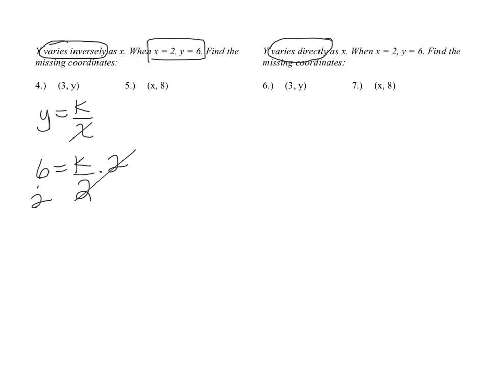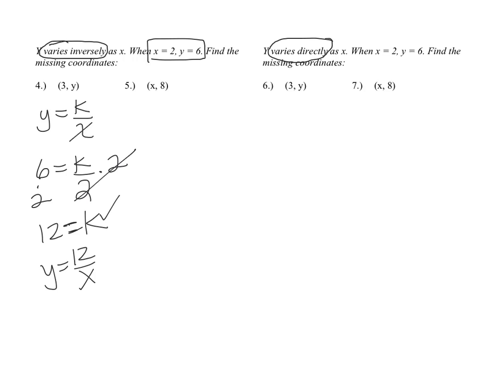Now at this point, if you're like, you know what, the shortcut in an inverse variation for finding the constant I already know is to multiply x and y together, then awesome. So I get here that k is equal to 12. So then my equation is going to be y equals 12 over x. So now I haven't finished the problem, right? All I did just now is I found k. You have to find k so that you can write an equation.